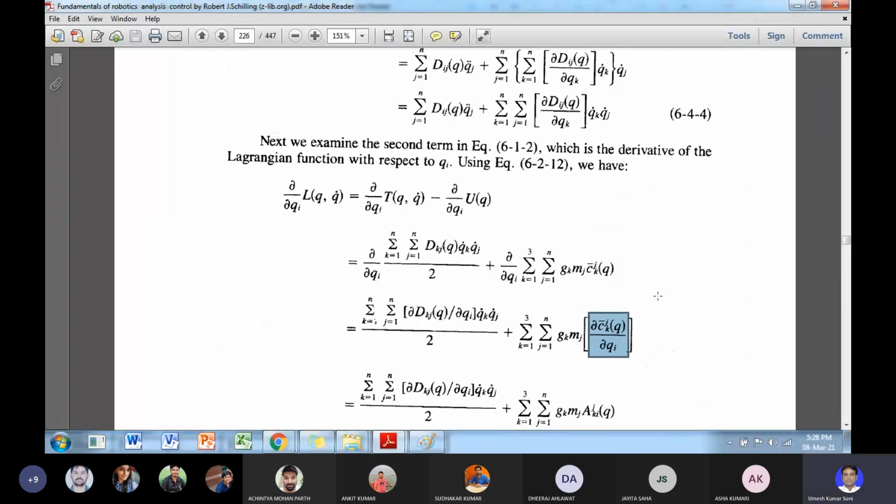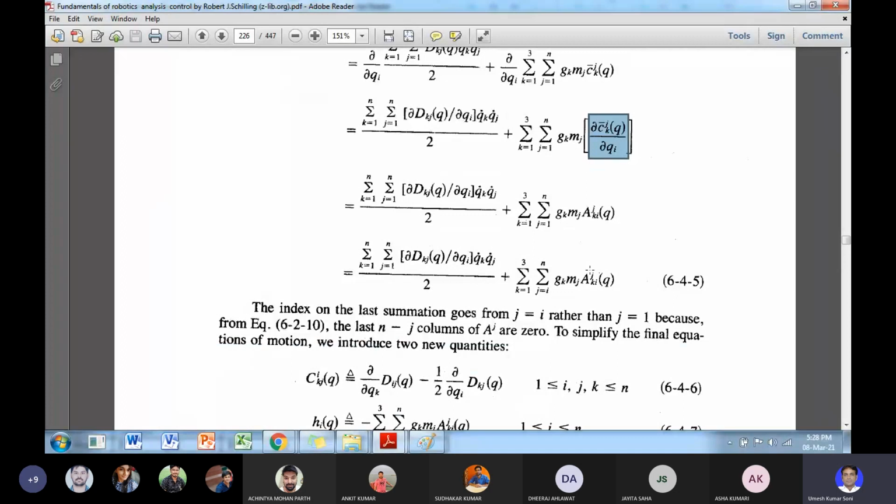Okay, so this can be termed as this equation.